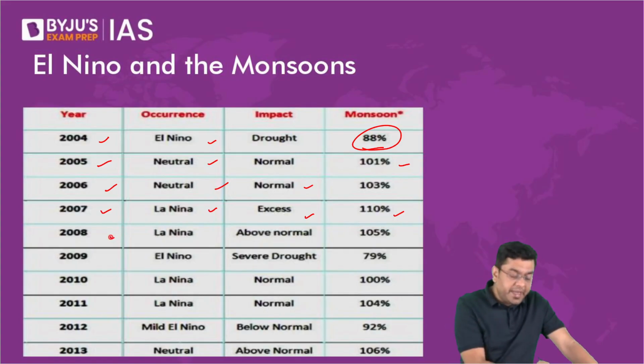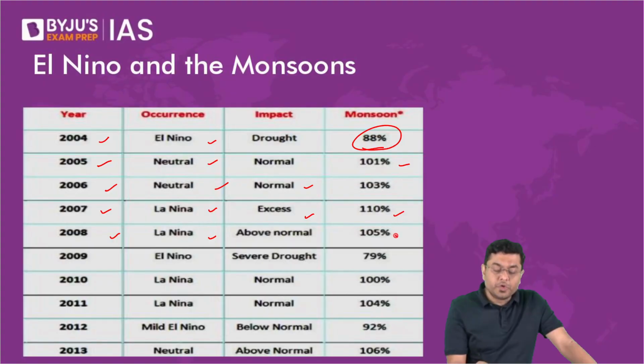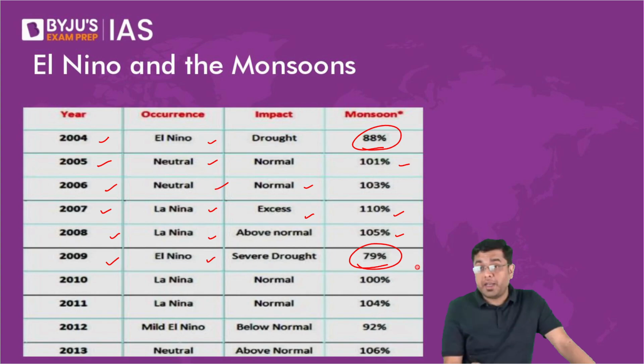Then 2008, La Nina persisted, but its intensity reduced. We received 105% of rainfall. 2009, El Nino prevailed again, and this was a very strong El Nino. We had a severe drought-like condition in 2009, and that is why the Indian economy in 2009 and 10 suffered because of the simultaneous occurrence of drought, farm and crop failures.